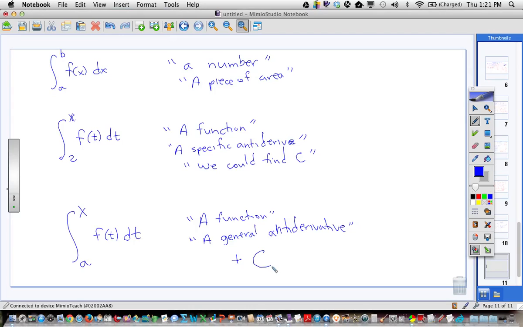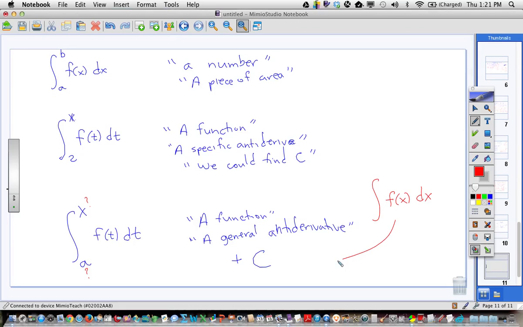Now, what traditionally has happened is, we say, well, geez, if we don't know what that is, and if we don't know what that is, and they don't matter, in other words, we can't find the c, all we're talking about is the antiderivative, then they started using the notation of an integral without anything on the integral at all, writing it just like this.